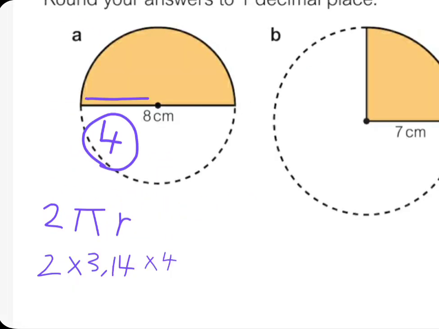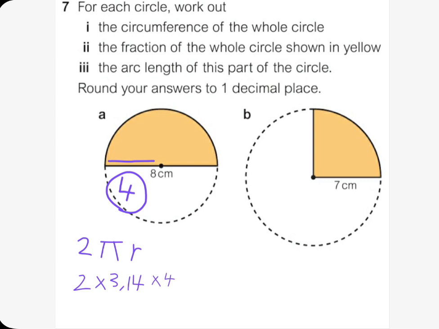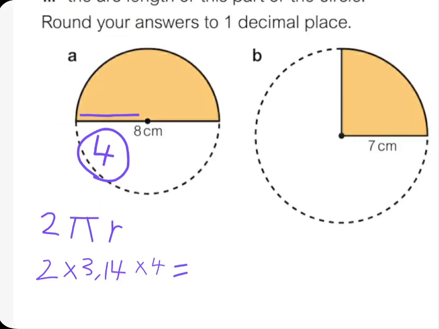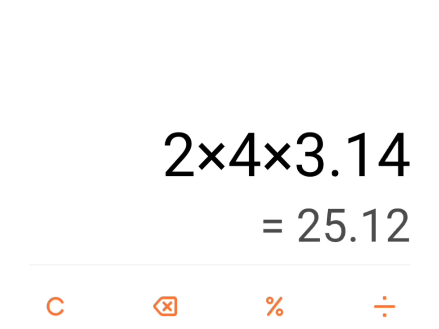Now, to multiply this, we're going to use the calculator. Let's go to the calculator. 2 multiplied by 4 multiplied by pi, which is 3.14, equals 25.12.